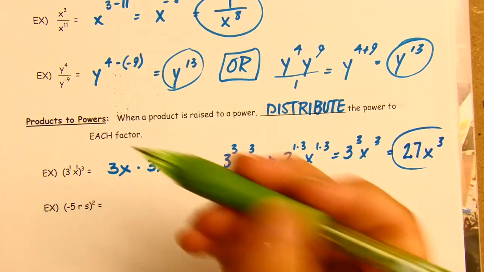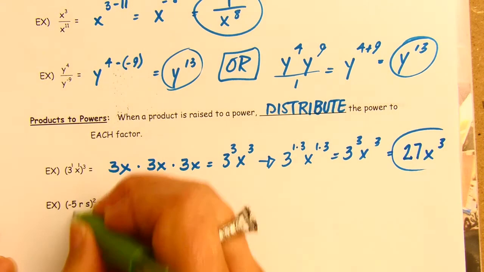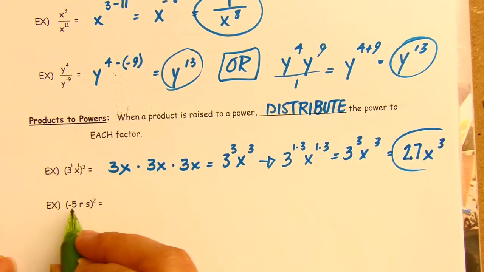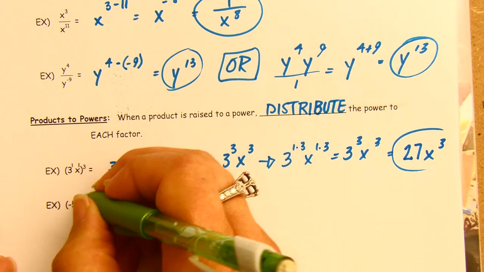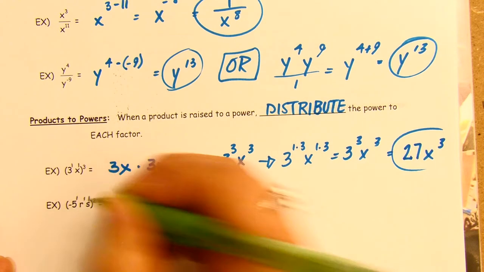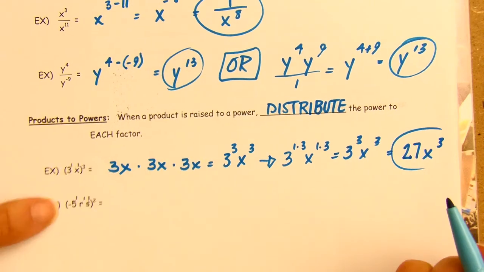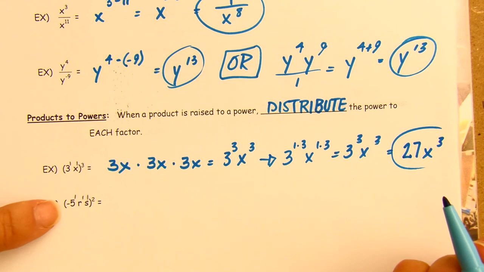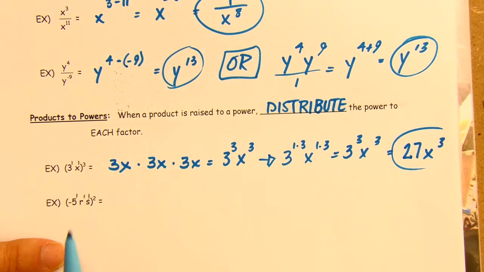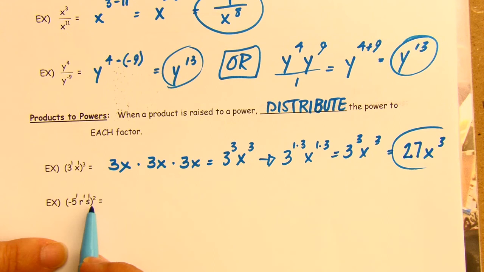Now, put your exponents on your bases. This is a numeric base. These are variable bases. That's a 1, that's a 1, that's a 1. So I'm writing this, and notice the negative. The negative is inside that grouping, because I'm squaring it. It's inside.